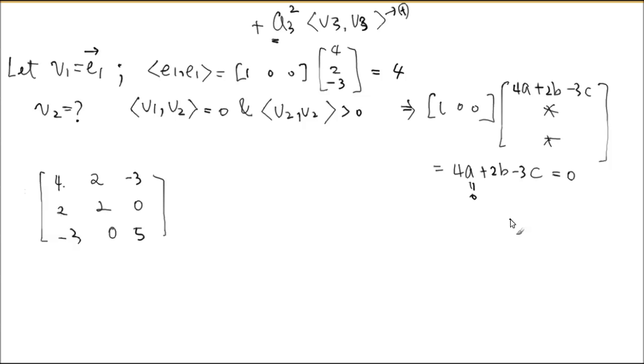But there are infinitely many solutions, right? So what B and C do you see as the clearly easy one? I would do 3 and 2. That seems like the easiest solution. So I got one here. v2 is 0, 3, 2. That'll do it.